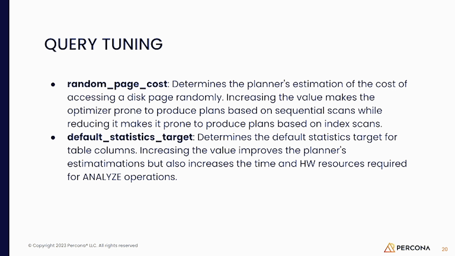Then we have the default statistics target. The default statistics target provides some clues to the optimizer, and it's related to the amount of data that will be scanned and analyzed or collected during the analyze executions, right? So the higher the default statistics target, the more data the analyze will be scanning, and then the more accurate the data will be.